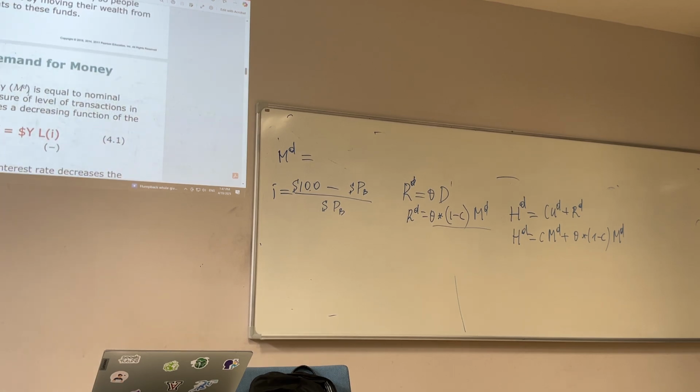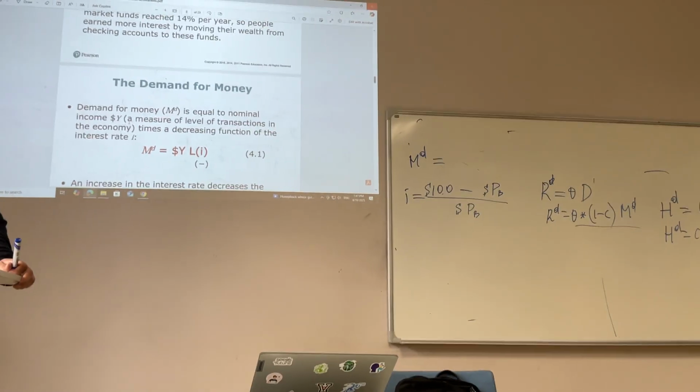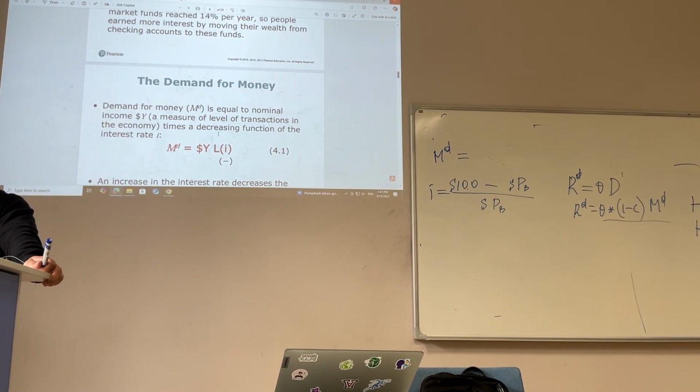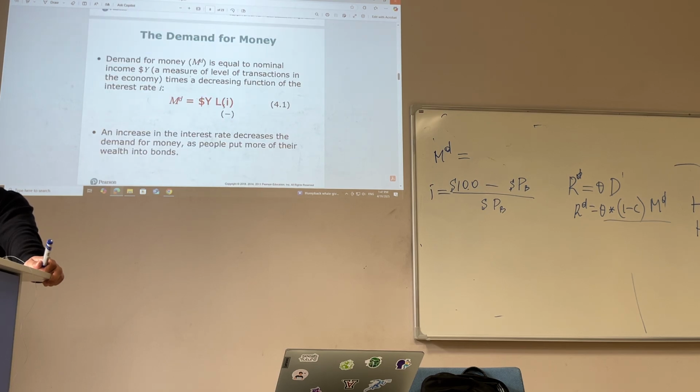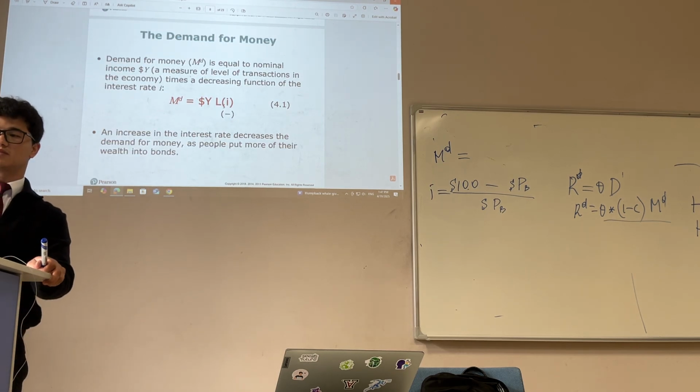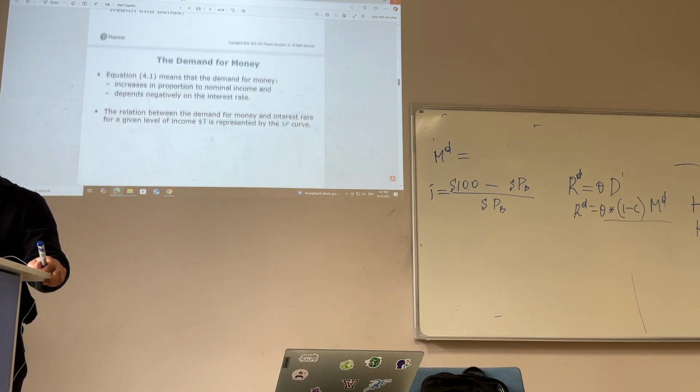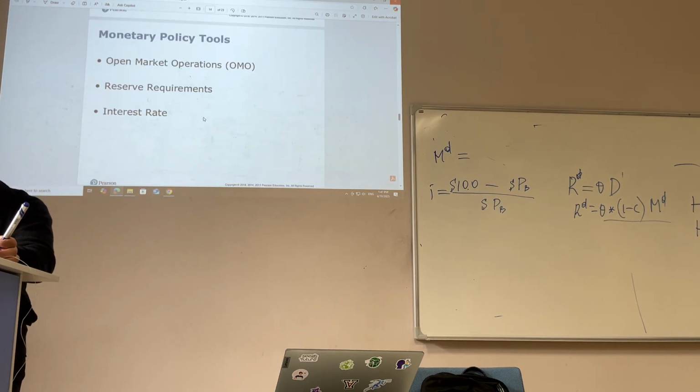Demand for money is equal to nominal income, it's Y, times a decreasing function of interest rate. L is saying interest rate. It's something multiplied by interest rate. But I don't think that we will do calculations like this.